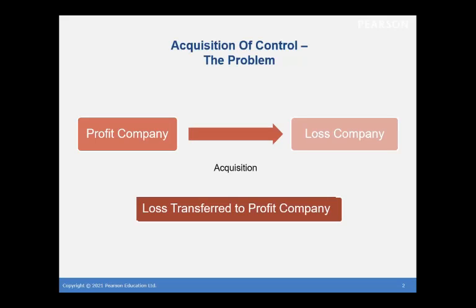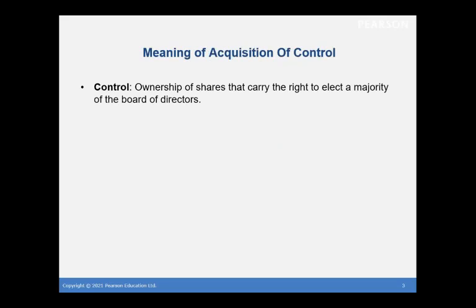So when we speak about control, I'm just going to pop to the next slide here. When we speak about control, we're talking about ownership of the shares that carry the right to elect a majority of the board of directors.